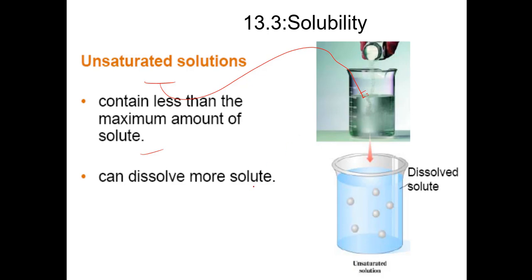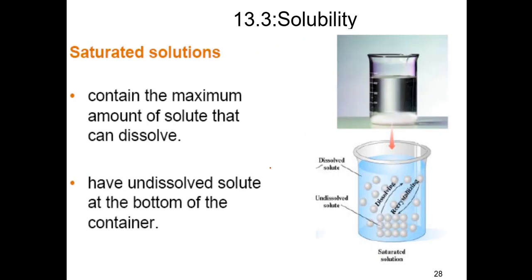You can put in more solute. On the other hand, if you're past the solubility limit, then we say it's saturated. So this is what it kind of looked like with my son and cereal, only that would be sugar. So know the terms unsaturated and saturated.